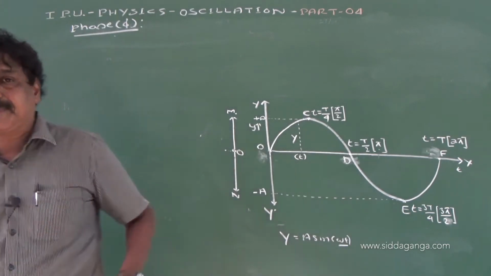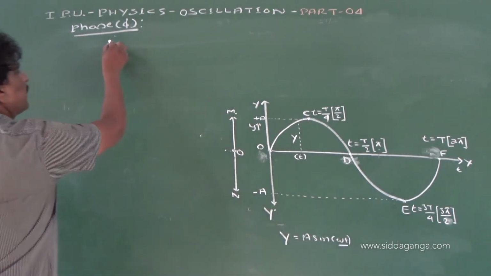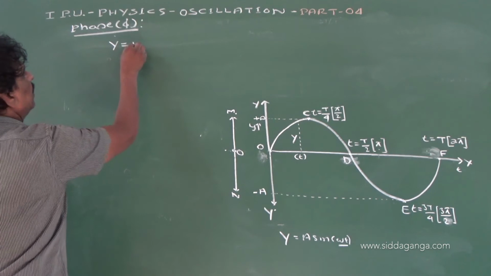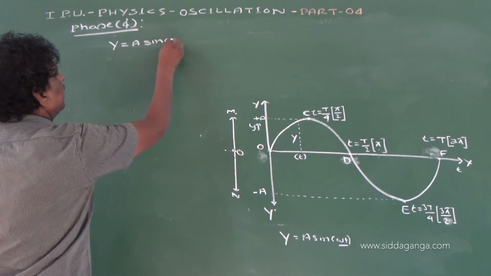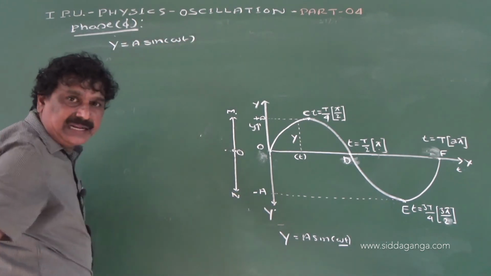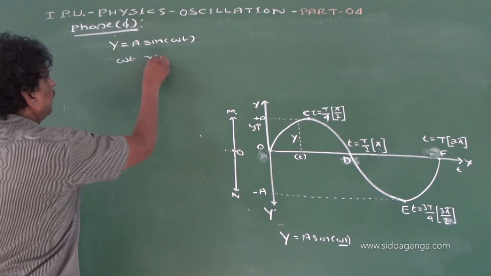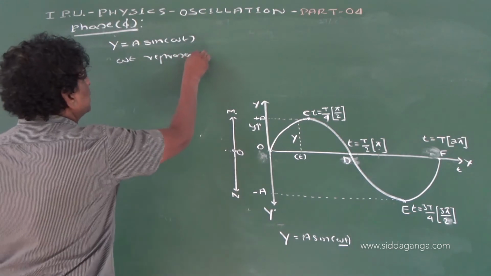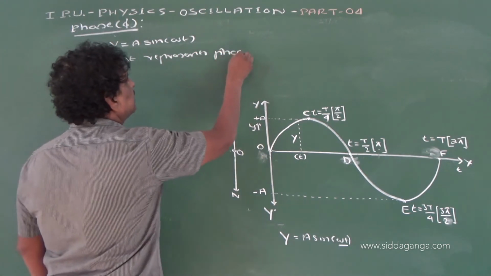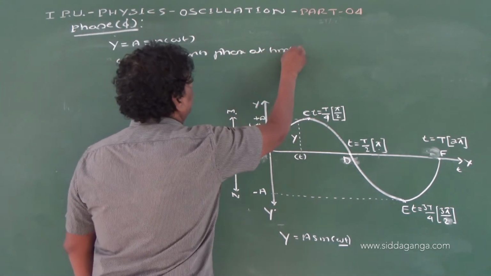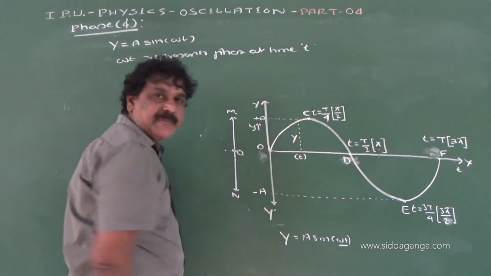Now, we see that in the equation y is equal to a sin omega t, that omega t represents the phase at time t.